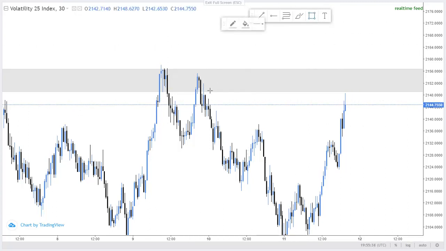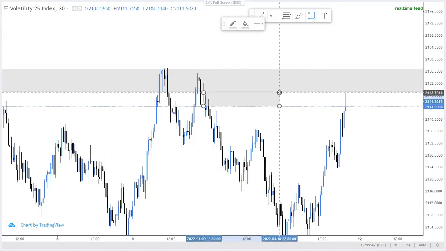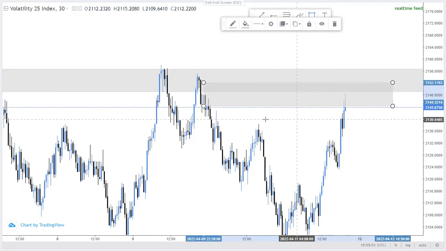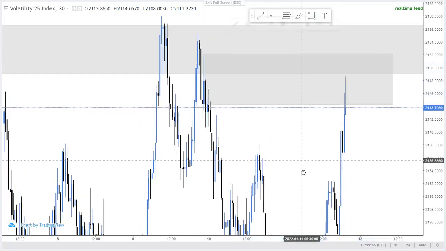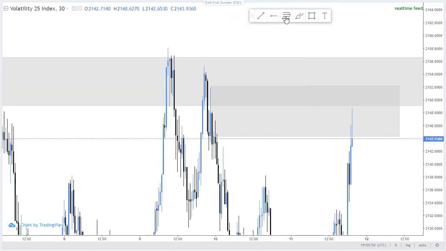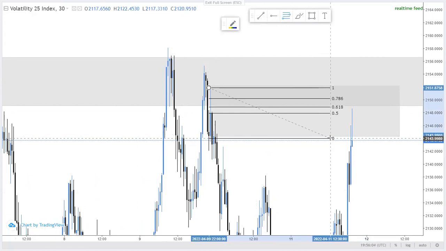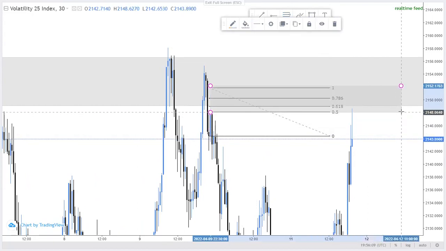So I drew my order block from the body to the wick, and then I refine it to 50% of that. So my order block would be something like this, from the wick to the body, and then 50% of that.